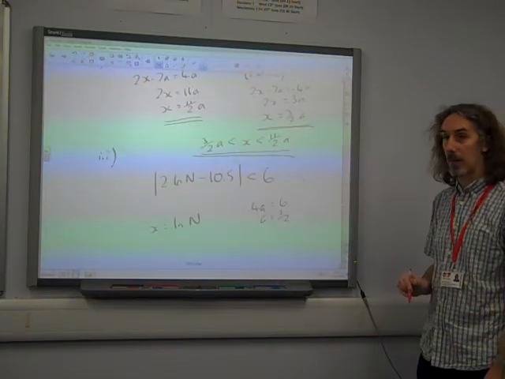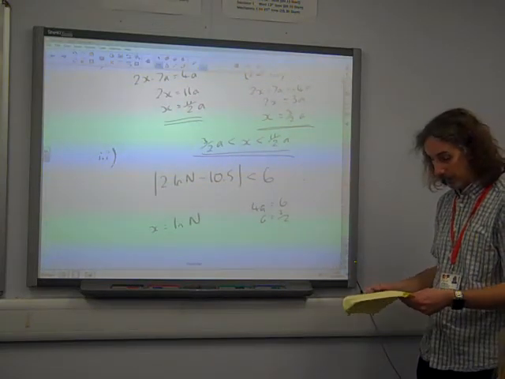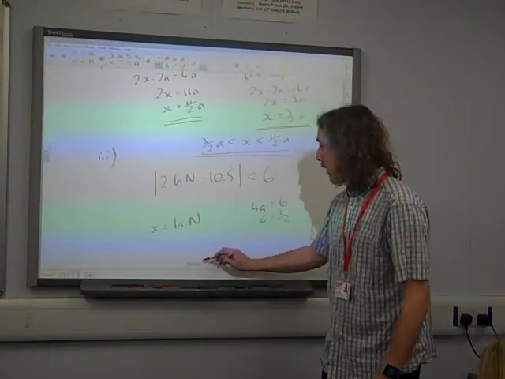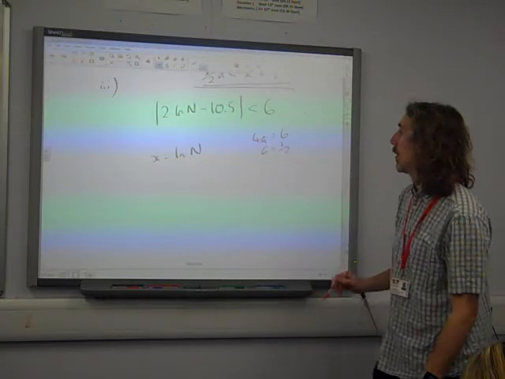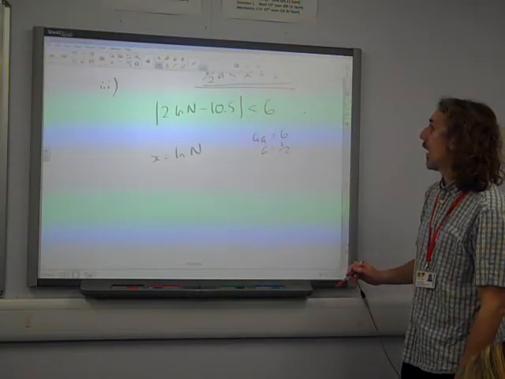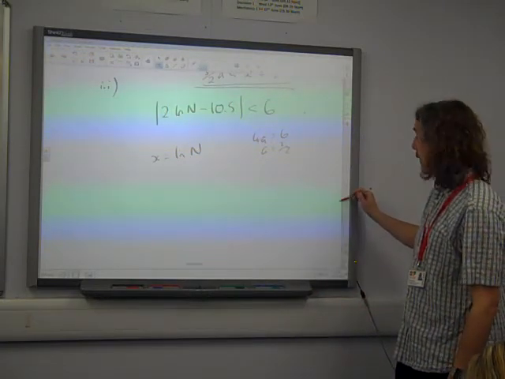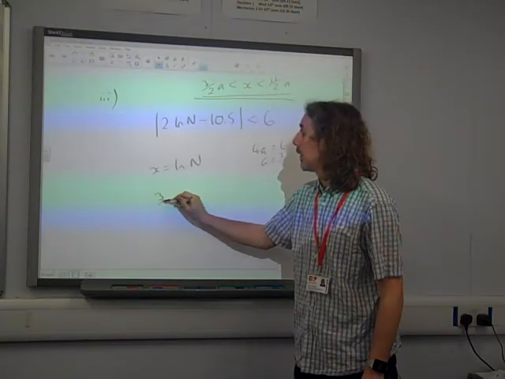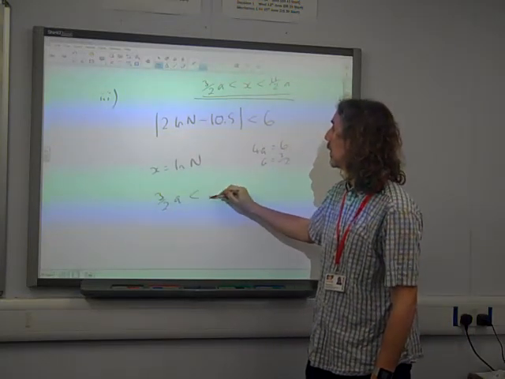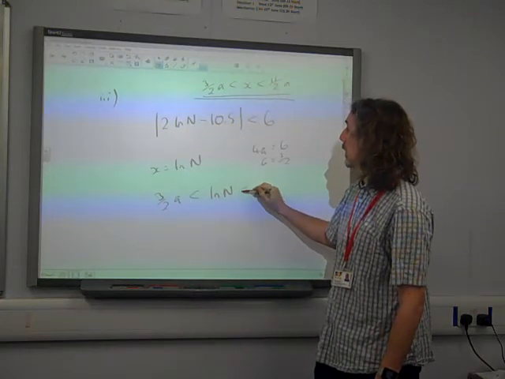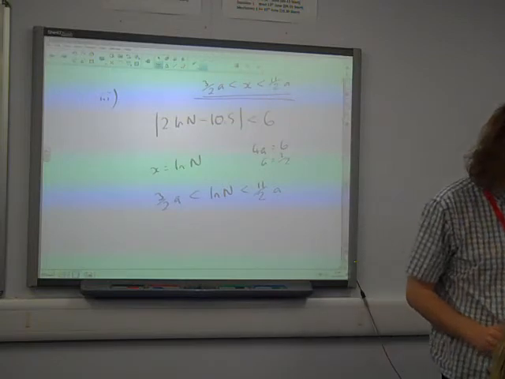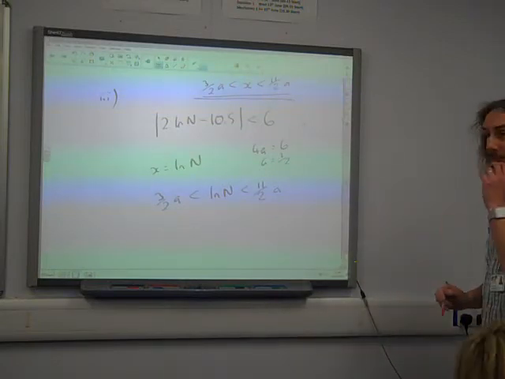If we think about the values that this gives us that are significant, we've got ln n as being between the values 11 over 2 a, we've got that kind of statement. So we have to get somewhere from that.